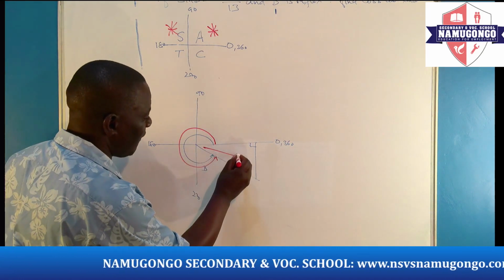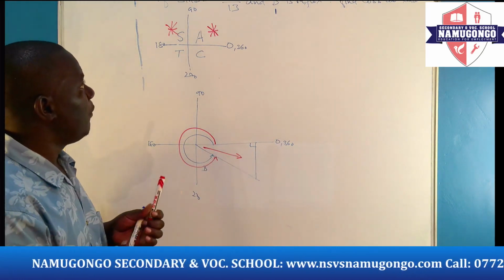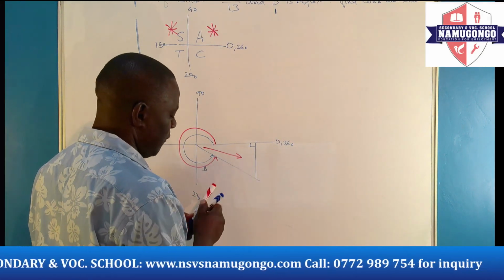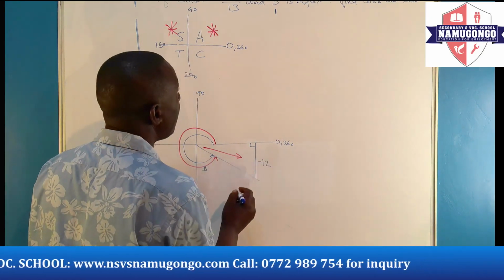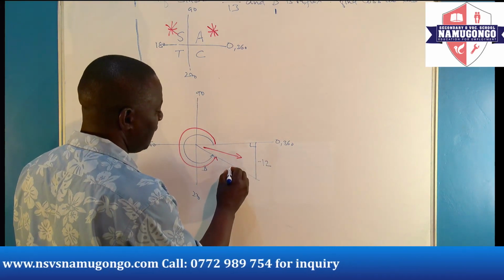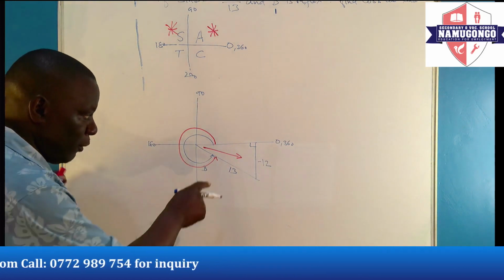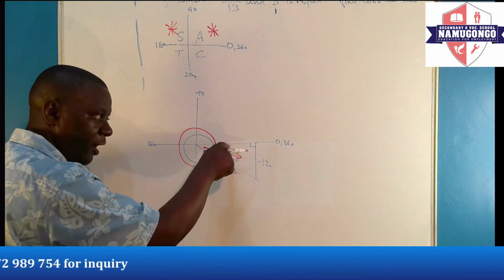Again, this one serves as my opposite, which, since it is below the x-axis, is going to be negative 12. The hypotenuse is 13. You do the same because you want to get the adjacent.